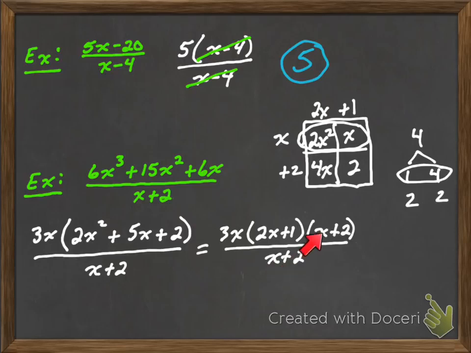Now we do have an x plus 2 in your denominator, which means these two things are going to cancel with each other. So what we have then is our 3x and the 2x plus 1. If I redistribute those, you're going to end up with 6x squared plus 3x. That is our simplified polynomial.